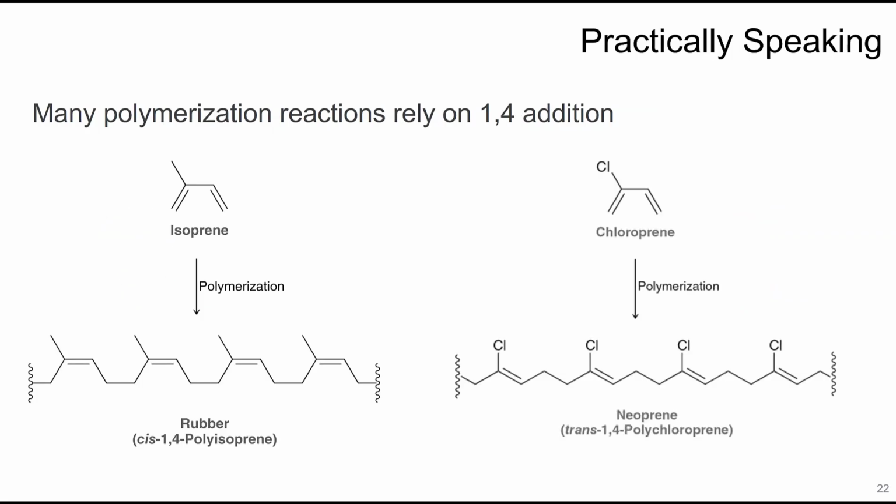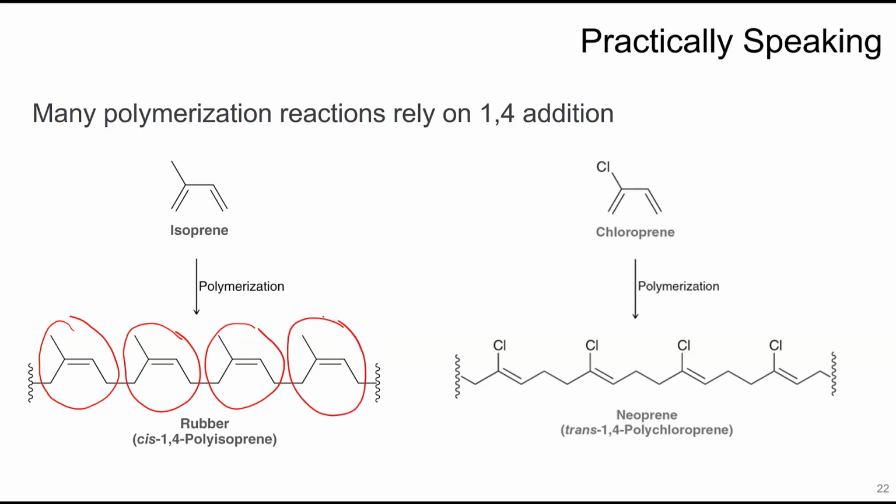So isoprene is a natural product that can undergo several polymerization reactions to form rubber, which is cis-1,4-polyisoprene. And you can kind of see these units that are repeating here. So rubber is made in the lab from polymerizing isoprene, and we can use this for several different things.